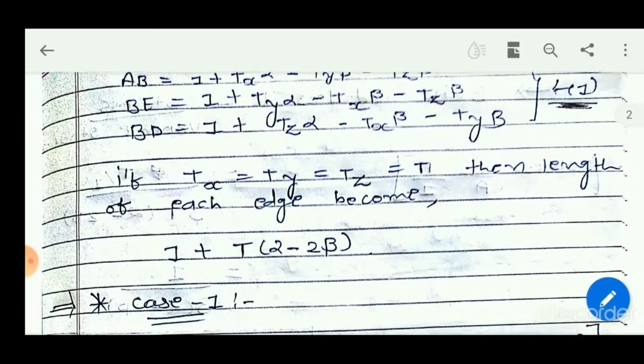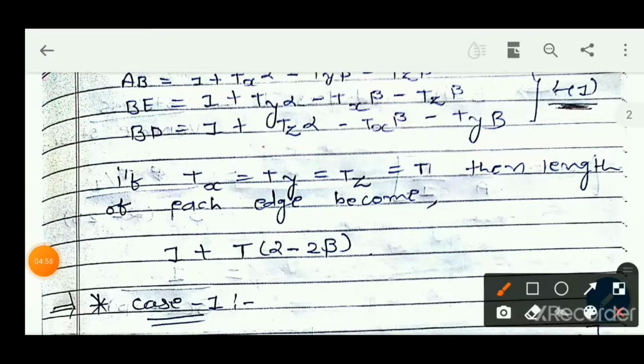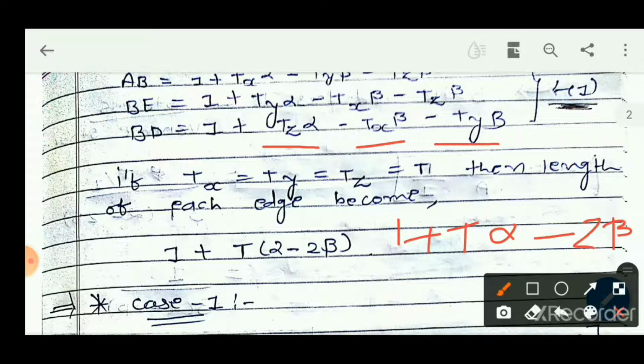The length becomes 1 plus T alpha minus 2T beta. When we take T common, it becomes 1 plus T alpha minus 2 beta.